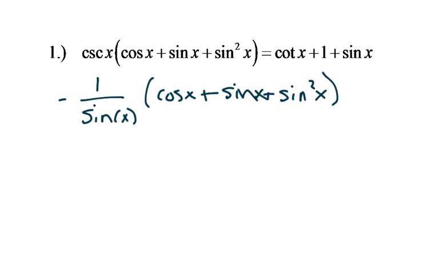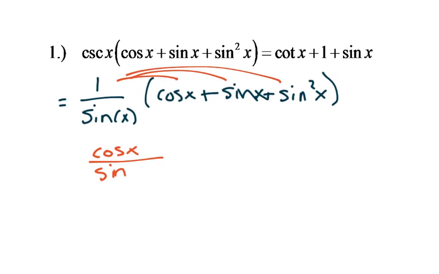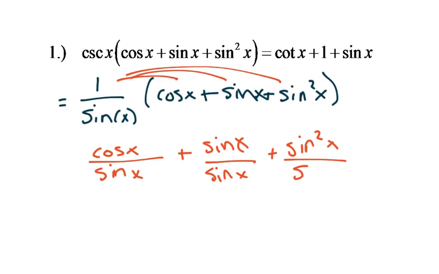Alright, and then I'm going to distribute that sine into everything here, so now I have cosine x over sine x plus sine x over sine x, and then plus sine squared x over sine.